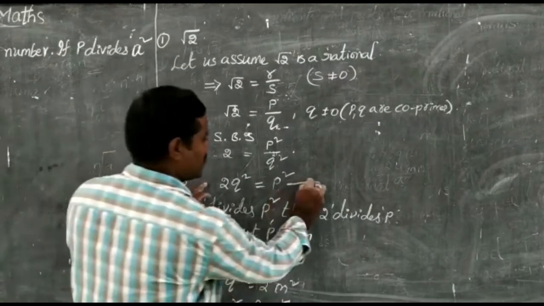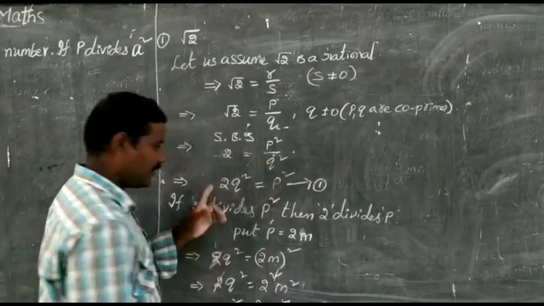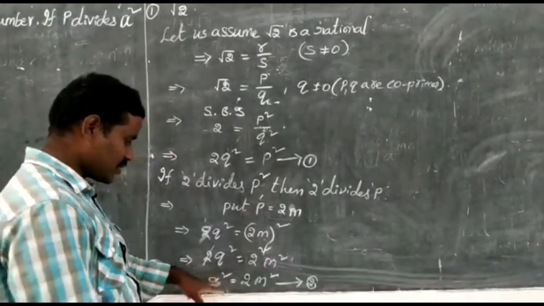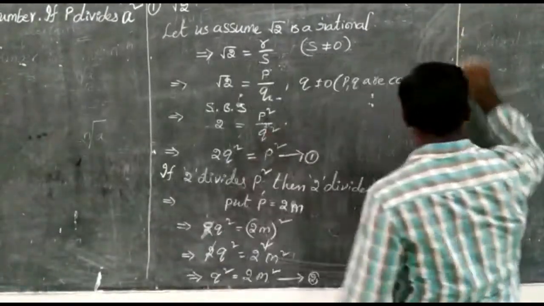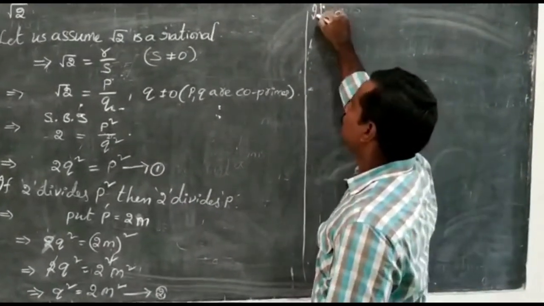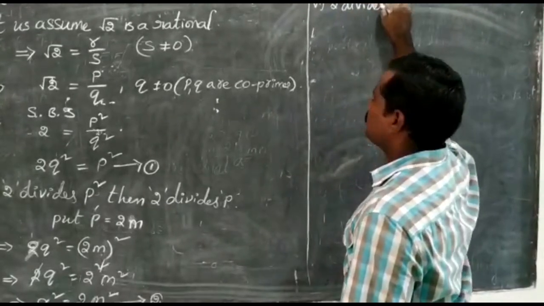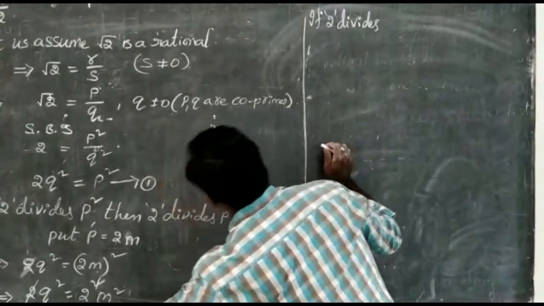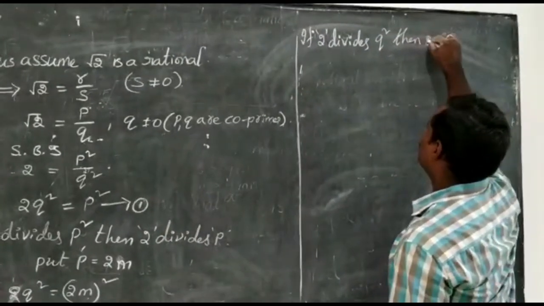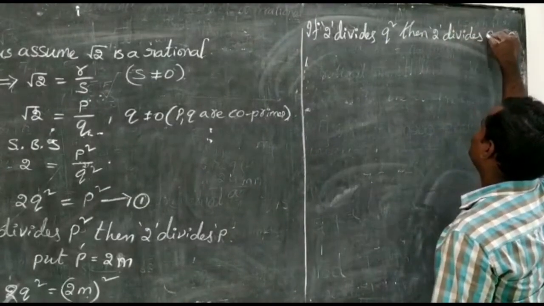Once observe the equation 1 and again equation 2. In equation 1, 2 divides p square. Now in this case, 2 divides q square. Now I am writing here: if 2 divides q square, then 2 divides q.